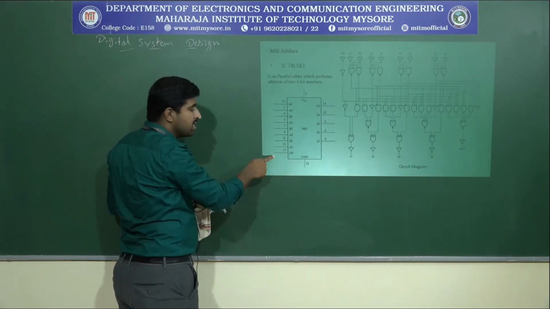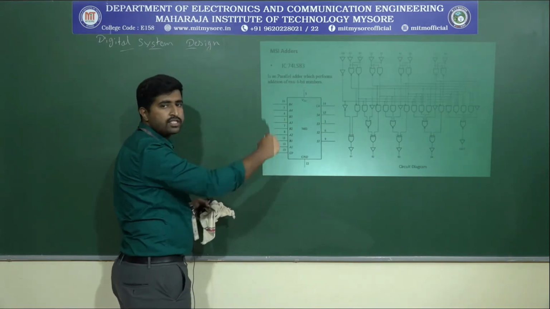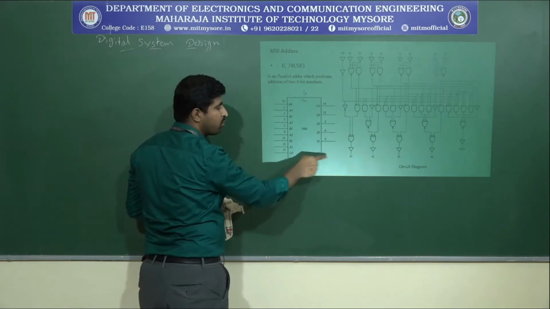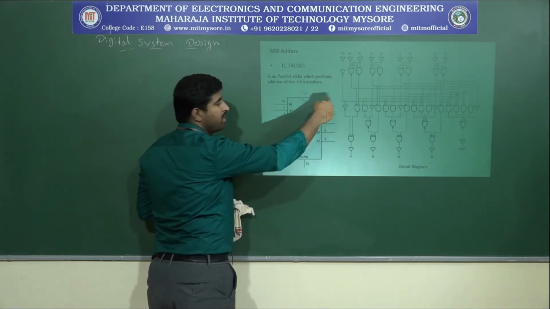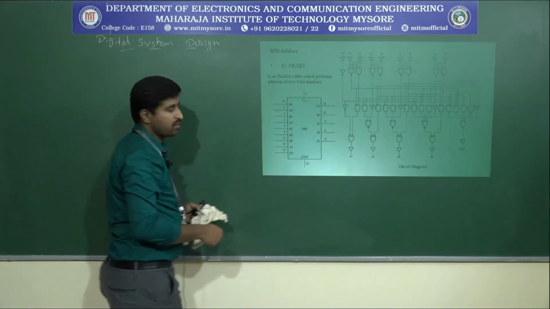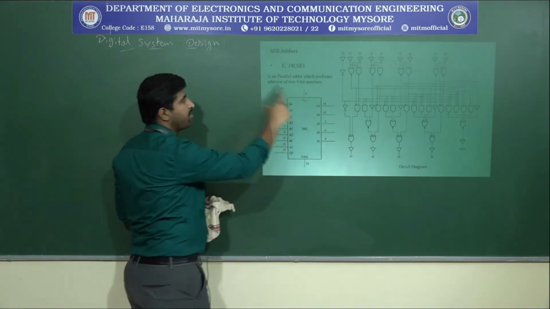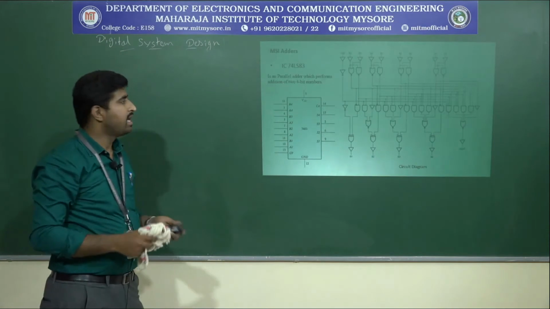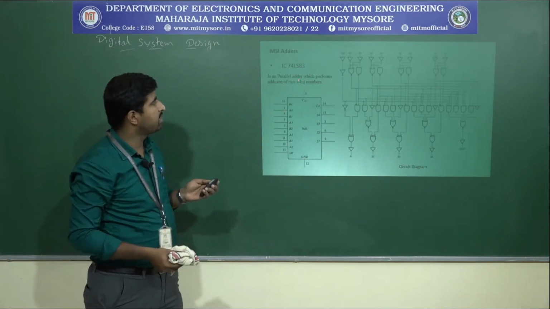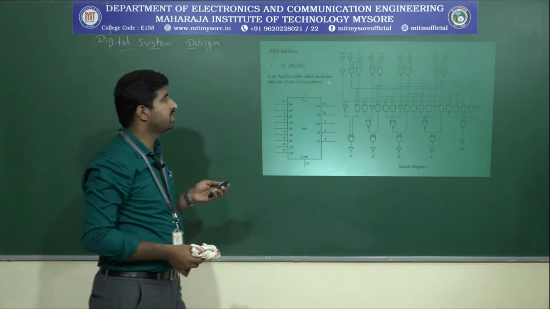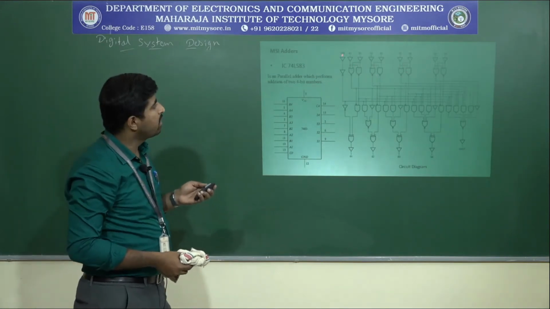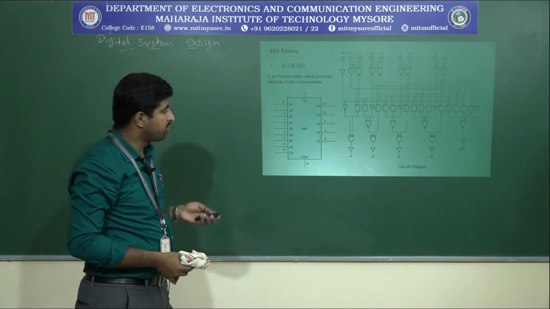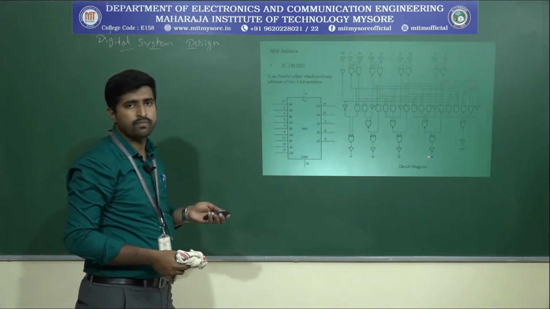It has a C0 carry for the first full adder, and produces outputs S1, S2, S3, S4 and the C4 carry from the last full adder. This is the circuit diagram of the IC 7483, consisting of the 8 inputs, two 4-bit numbers, and 1 C0, and it produces the outputs.